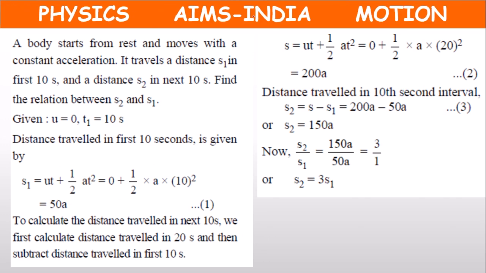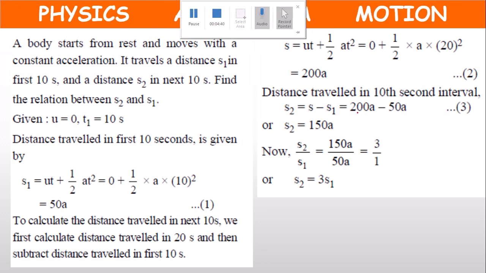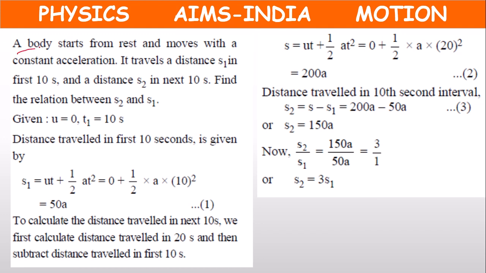Next one, another example. A body starts from rest, means initial velocity is 0, u value is 0 because the body is starting from rest, and moves with a constant acceleration. Let it be a. It travels a distance S1 in the first 10 seconds, S2 in the next 10 seconds.